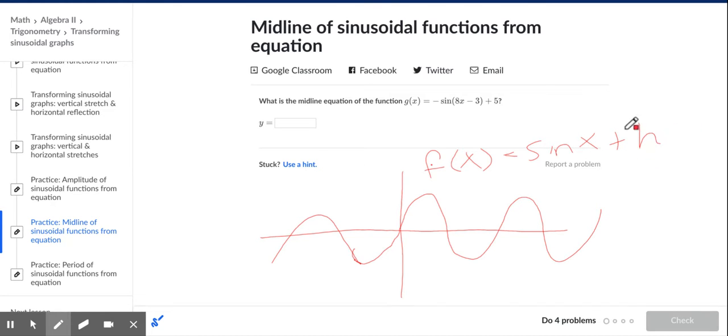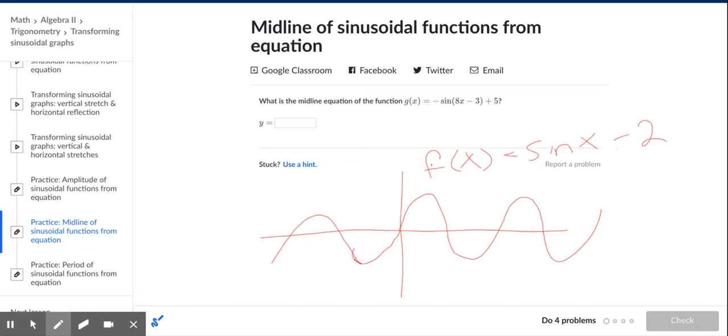So if I say plus h here, then that's going to move the graph up by h. So for example, if I had -2, then that would move the graph down 2, which would put my midline at -2. You probably can already see what the answer to this question is going to be.